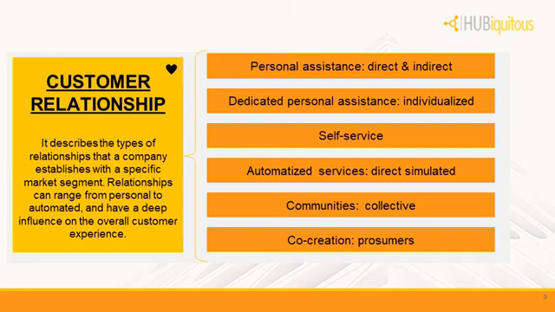That is, you can define a relationship in which you are face to face with your customer, or just talking on the phone or sending emails, or maybe you can develop an automated relationship, for example, a chatbot or a newsletter that you have programmed in order to send to your customers in a massive way. And these relationships have a deep influence on the overall customer experience.